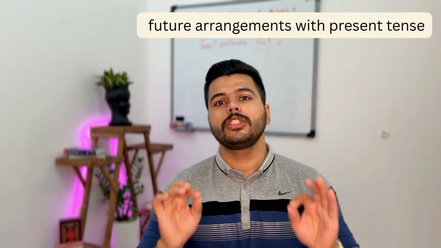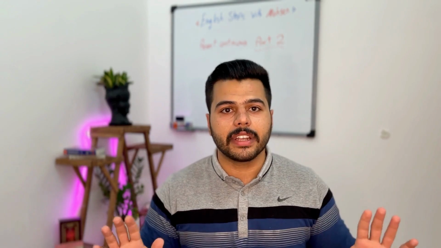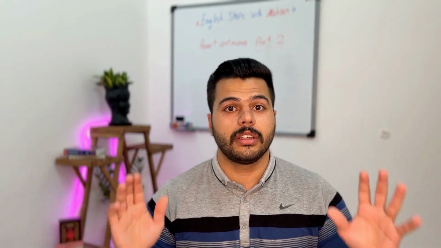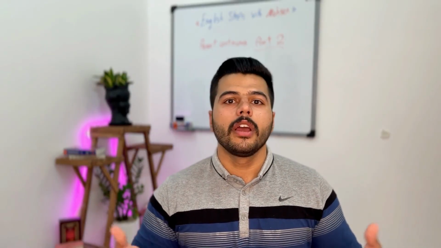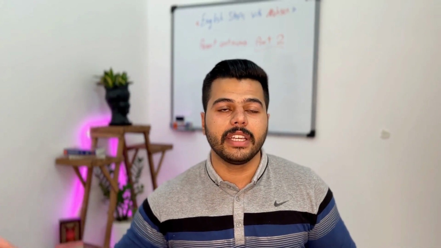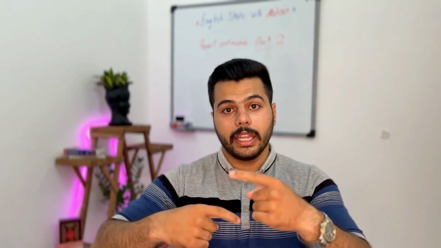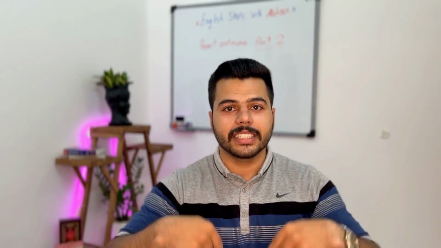If you want to talk about something in the future that is definite, that is arranged properly, you can use present continuous. For example, I'm having breakfast with David at 8 tomorrow. It is tomorrow, it is future, but the tense is present continuous.